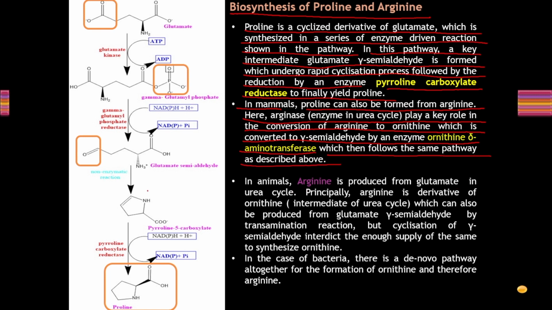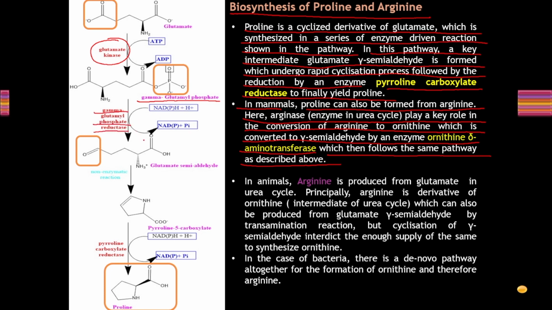So this is the synthesis of the proline, right? From the glutamate, you have phosphorylation by the enzyme called glutamate kinase, and it is going to form gamma-glutamyl phosphate, and gamma-glutamyl phosphate is going to be acted on by the enzyme called gamma-glutamyl phosphate reductase.